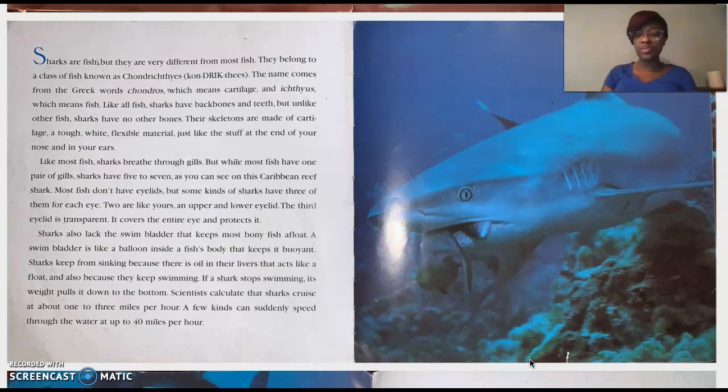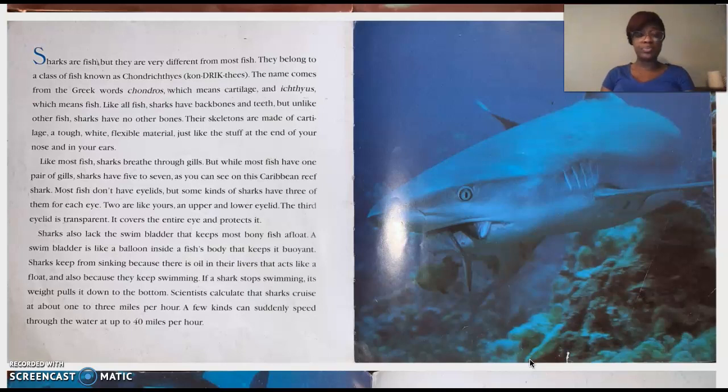Okay. Sharks are fish, but they are very different from most fish. They belong to a class of fish known as chondrichthyes. The name comes from the Greek word chondros, which means cartilage, and ichthyos, which means fish.